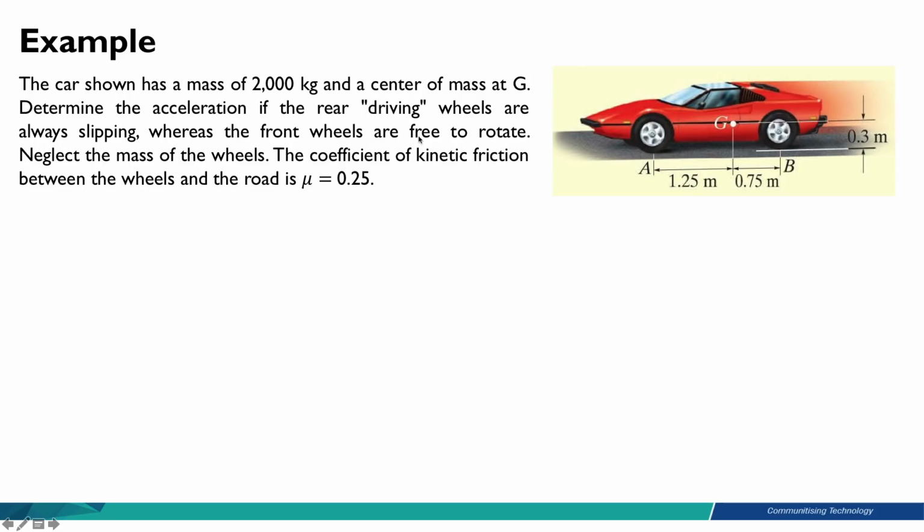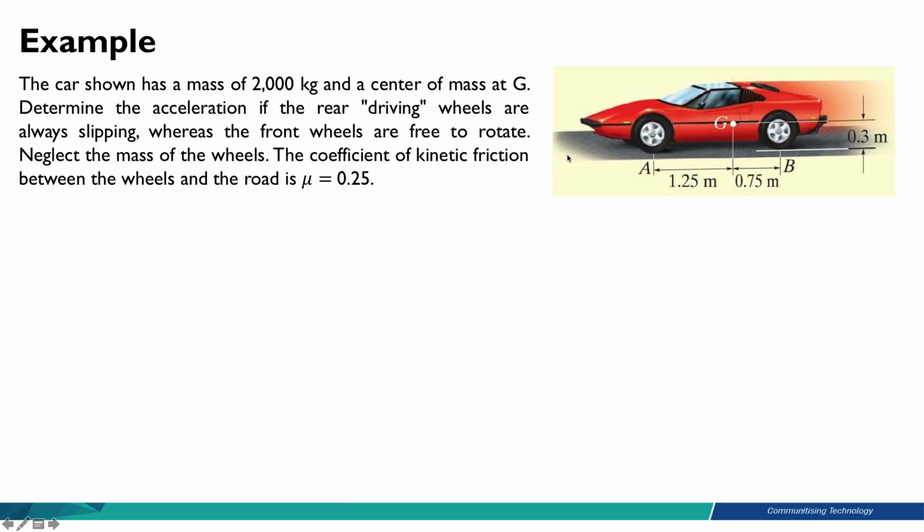That is why it says always slipping. Whereas the front wheels are free to rotate. Free to rotate here means that the front wheel of the car is not influenced by friction. Neglect the mass of the wheels. The coefficient of kinetic friction between the wheels and the road is mu equals 0.25.